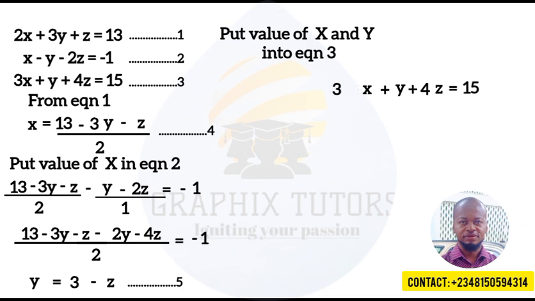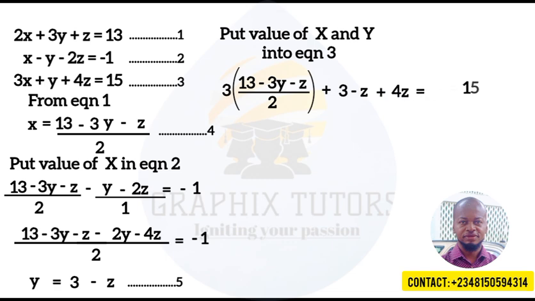So now let's write again. So we have 3, but we have the value of x that we got in our equation what? Equation 4. So put it there, which is 13 minus 3y minus z over 2, close the bracket, plus we have the value of y. What's the value of y? It is 3 minus z. We'll put it there, plus our 4z equals to what? 15. Hope you get that.